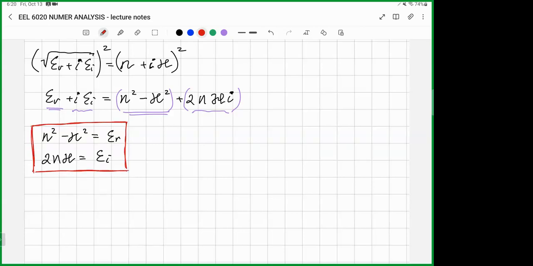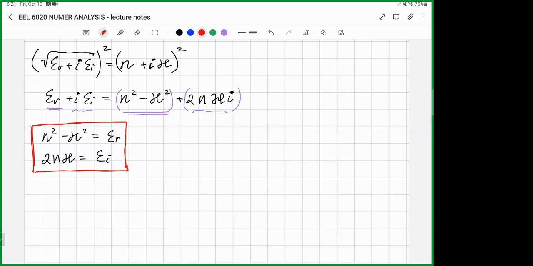In fact, the largest database for the material parameters of different materials is called refractiveindex.info, as far as I remember, and it contains, I guess, the vast majority of the known material parameters of all materials.